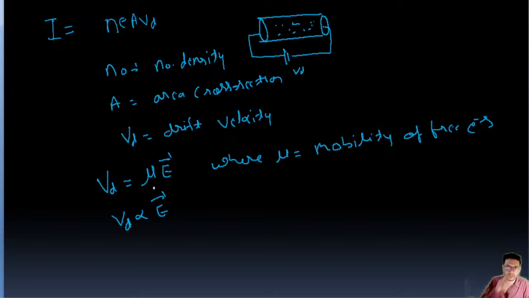Now this is a conductor, current is flowing and electrons are passing, moving with drift velocity.